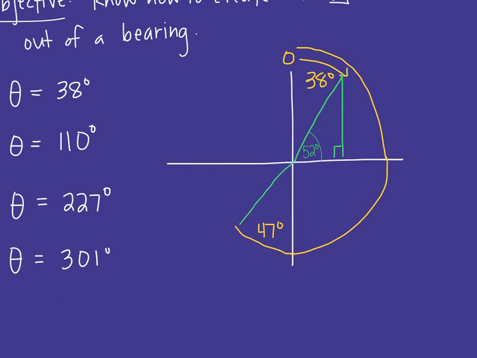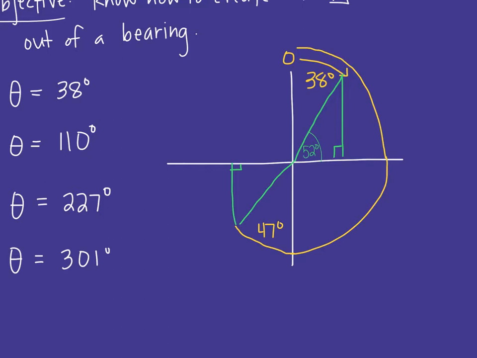The reference triangle, again, connects to the x-axis. The 47, just look at the yellow color, is not actually in the reference triangle. It's outside of the reference triangle. And so you got to do the work of figuring out how much is actually in the reference triangle.